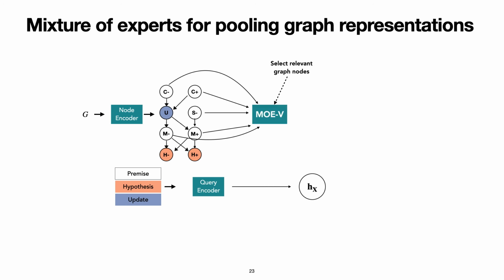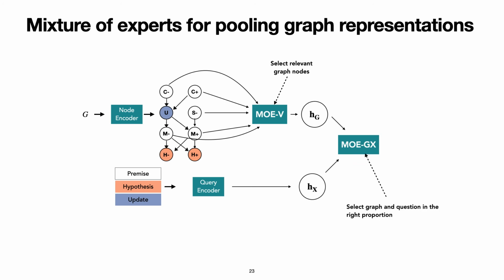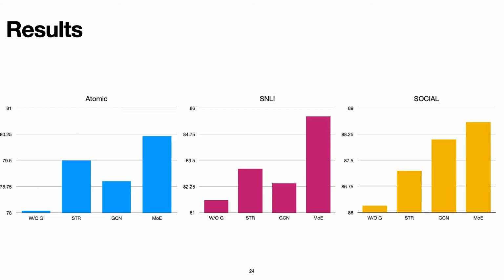Instead of running a GCN, we run an MOE that selectively picks and chooses over the nodes and creates a graph representation. And then we have a second MOE that blends the graph representation and the query representation, which is finally fed to the classifier.